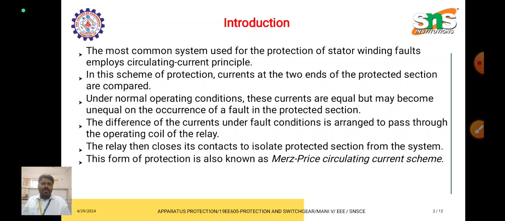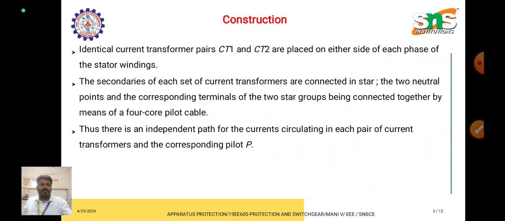In normal operating conditions, these currents are equal but may become unequal on the occurrence of a fault in the protected section. The difference of current under faulty condition is arranged to flow through the operating coil of the relay. The relay then closes its contact to isolate the faulty section of the system. The system is also known as the Merz-Price circulating current scheme.